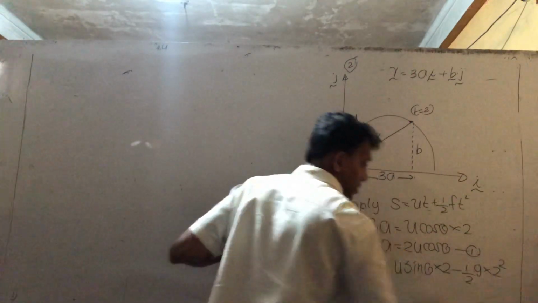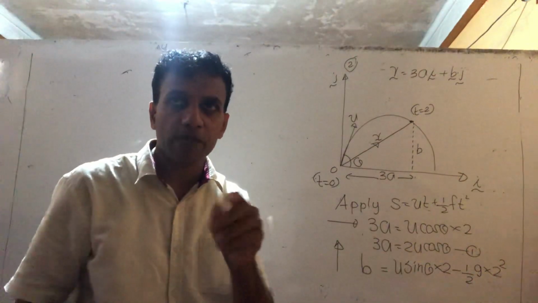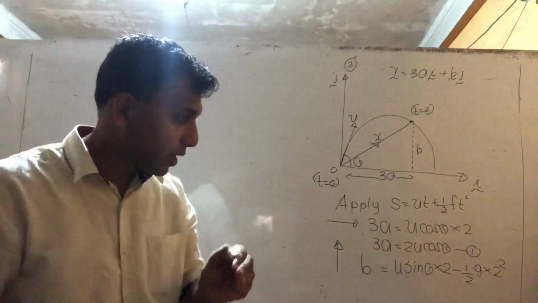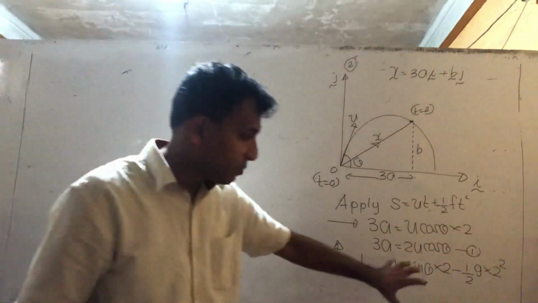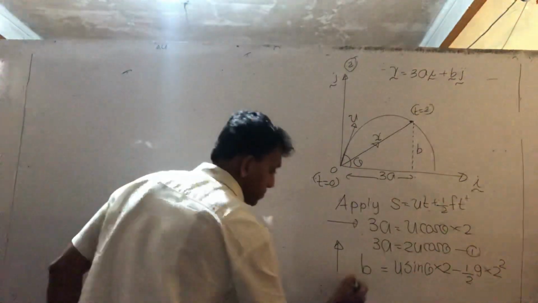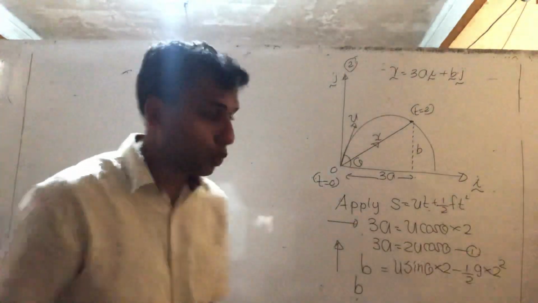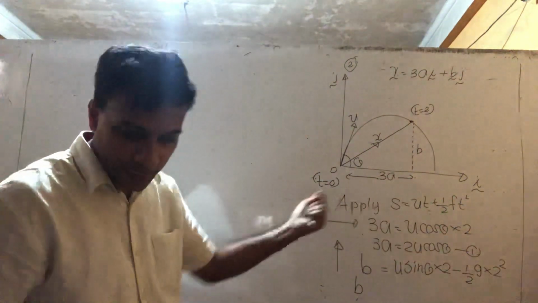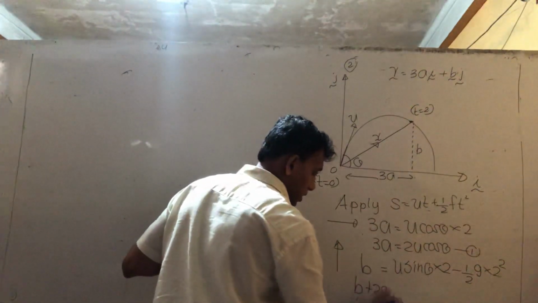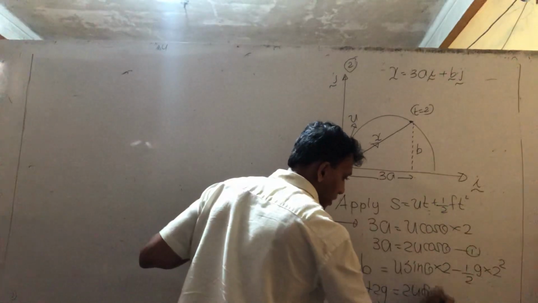So the idea is tan theta is the answer, and sin divided by cos is tan. Therefore I keep the sin part here and take the other terms to this side. So b, cancel 4 by 2, so minus 2g, this side becomes plus 2g, equals 2u sin theta.